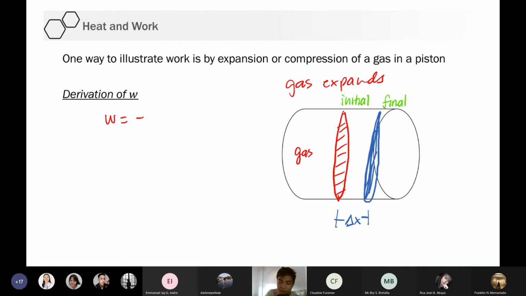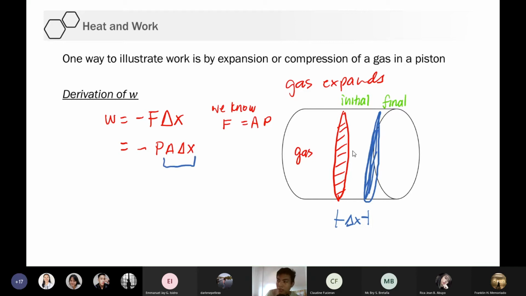Okay. F delta x. So again, we know that force equals area times the pressure. So plug in natin yon, negative P A delta x. Now, what is the area? The area is yung area ng circle na to. Delta x is the difference in the height. Now, the question is, what is area times delta x?